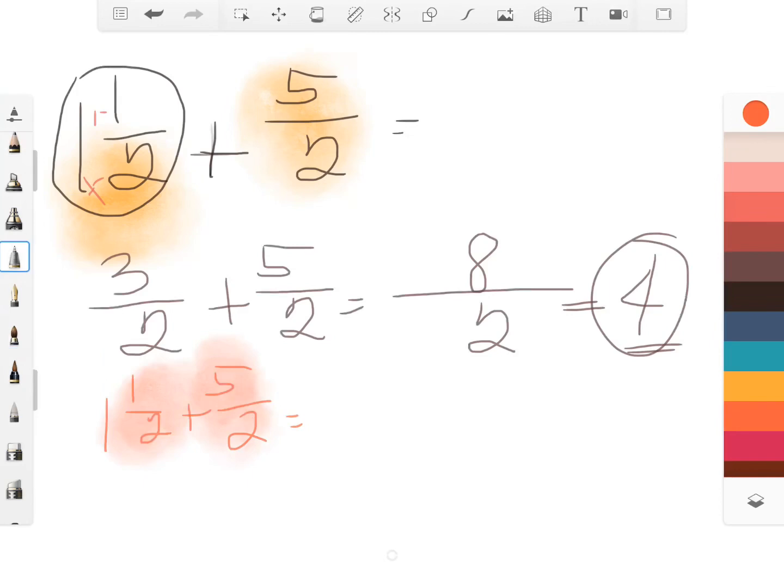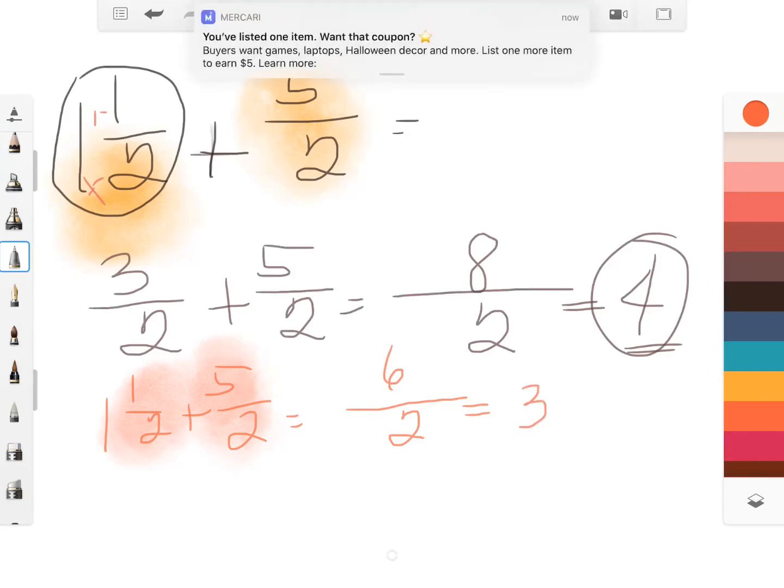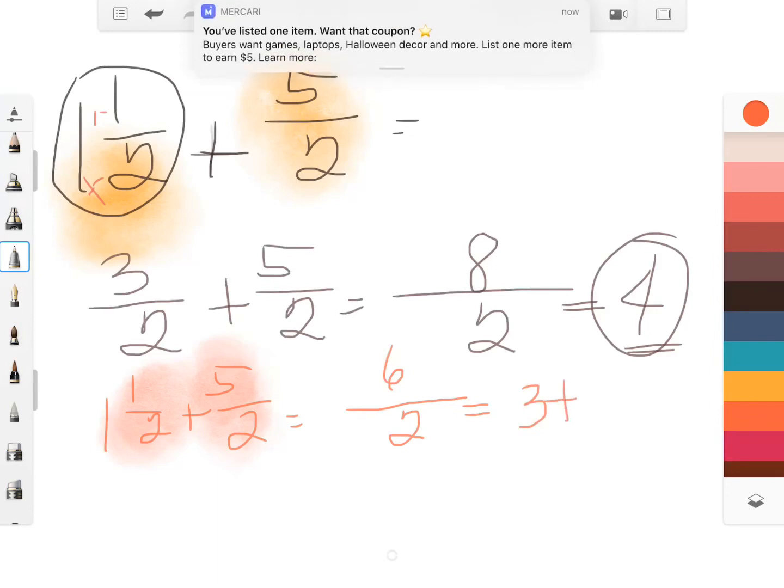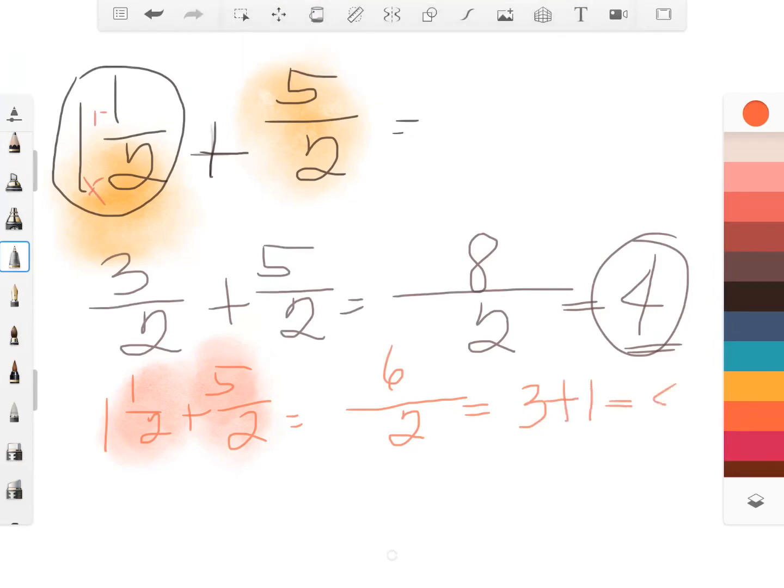Just copy the denominator, which is 2, then add the numerators, which is 1 plus 5 equals 6. And then 6 divided by 2 is 3. And again, remember we still have the 1 that we disregarded. So all you have to do is add that to our initial number. So 3 plus 1 is 4. And see that we still arrive at the same number, which is 4 in this case.